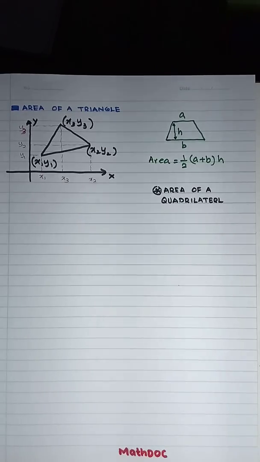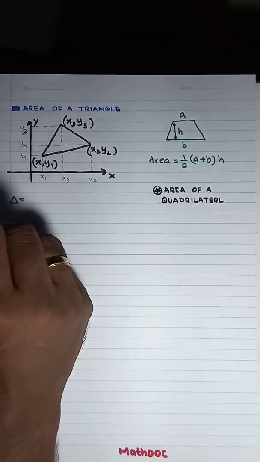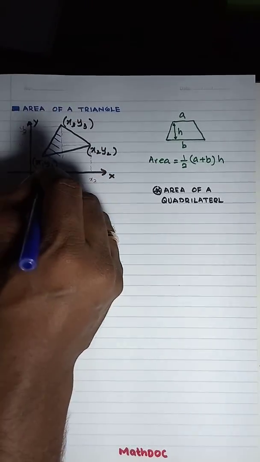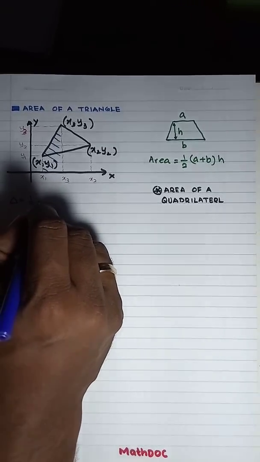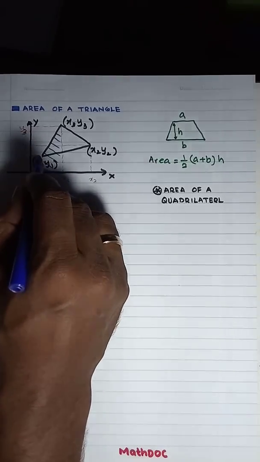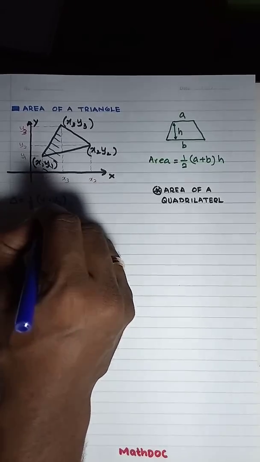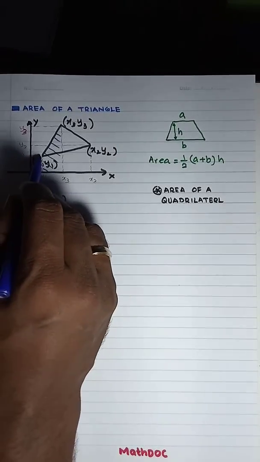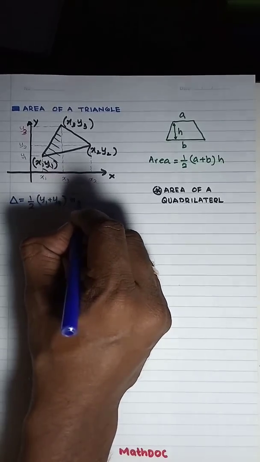Then the area of this triangle. First consider the area of this trapezium: half into the parallel sides y1 plus y3, and this length x3 minus x1. Half into (A plus B) into H, half into (y1 plus y3) times (x3 minus x1).